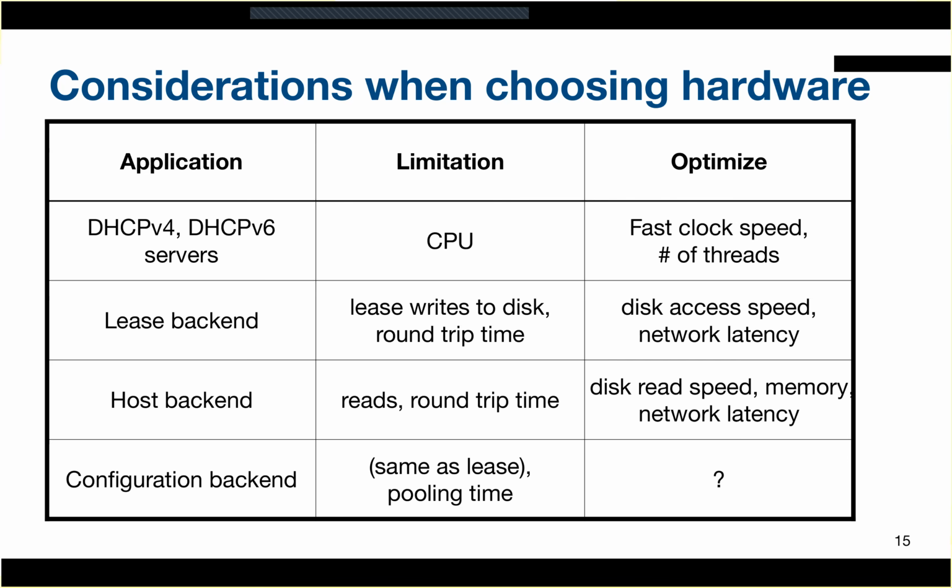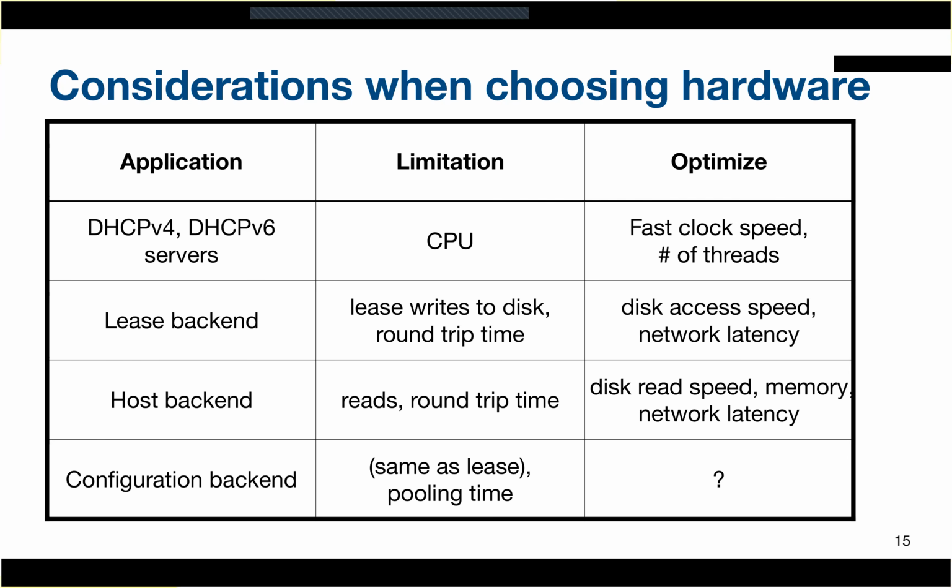Also with the configuration backend, the parameter you might want to tweak is the polling time. So the idea is that you have one central database with your configuration and a number of Kea servers that are pulling the configuration from the database. So if you want to deploy the configuration very quickly, you can decrease this.